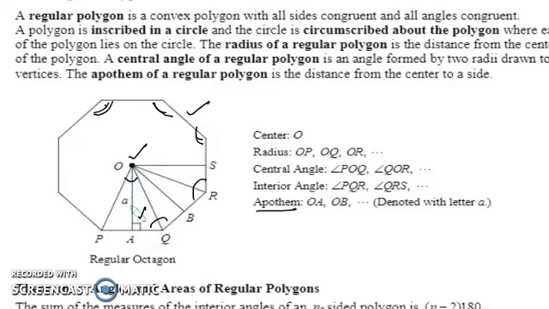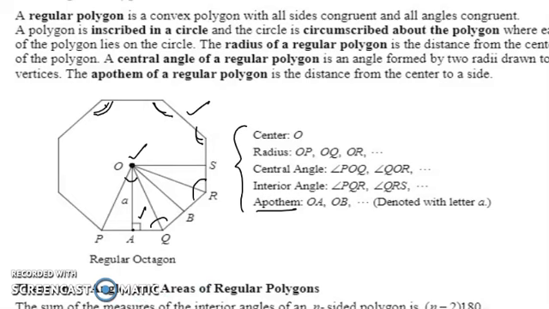So if you drop a perpendicular from O to PQ, it will bisect, that is, it will meet at the midpoint, PA is equal to AQ. So A is the midpoint. Or if you simply join A and O, it will be 90 degrees. So these were the few terms which I wanted to make you familiar with.